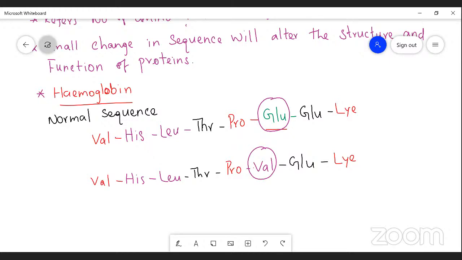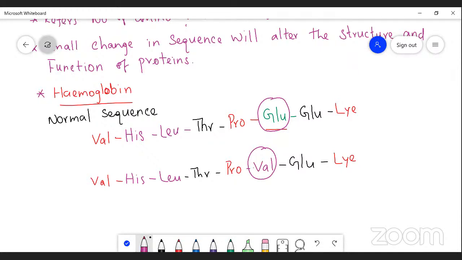What is the function of hemoglobin? It carries oxygen from the lungs to the tissues. The loss of oxygen-carrying capacity is introduced by changing the sequence. So if we change the sequence, we may get sickle cell anemia.